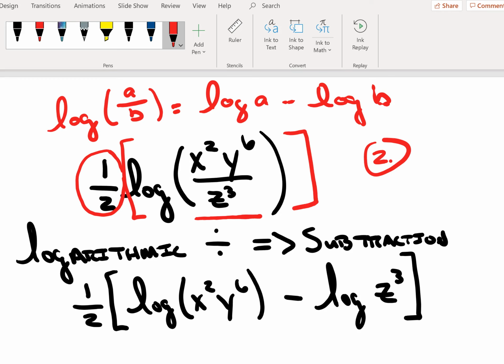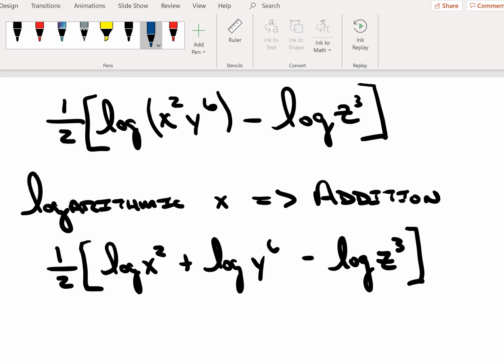So we keep it on the outside of the large brackets here, but inside we see the log of the numerator minus the log of the denominator. And so that is our second rule, that the logarithmic division is equivalent to the difference between the log of the numerator and the log of the denominator.